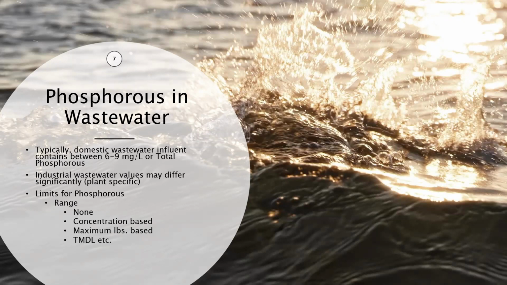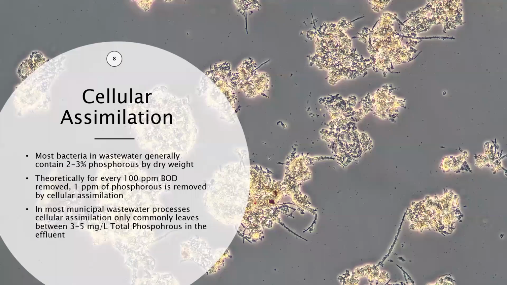Ultimately, it's usually dependent on the receiving water body from the wastewater treatment plant, the aquatic life and what that needs to be. So depending on where you discharge, that's often a very big indicator of how tight those limits may be.